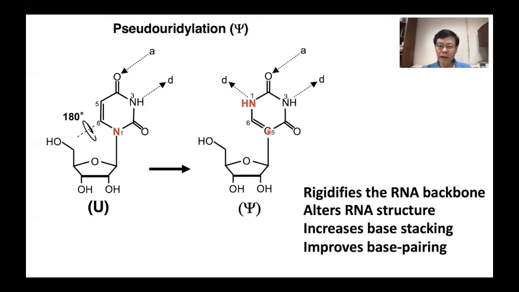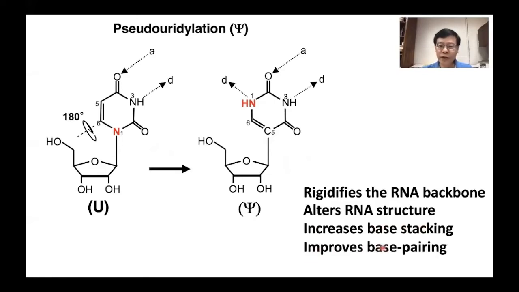Its chemical and physical properties are distinct from those of uridine and any other nucleotides, and it's been extensively studied. Now we know that once in RNA, pseudouridine can rigidify the RNA backbone. It can alter RNA structure, increase base pair stacking, and also improve base pairing.